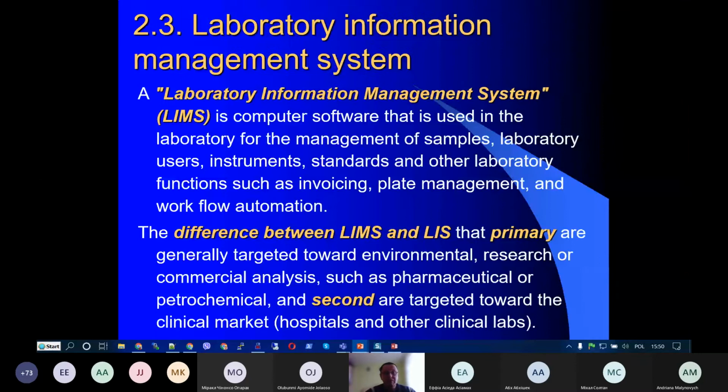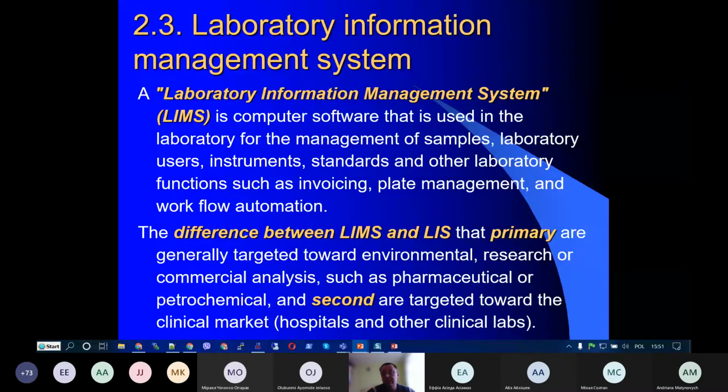Laboratory information management system has to be distinguished from laboratory information system itself. So they are very similar things: computer software used in laboratory for management of samples, laboratory users, instrument standards, and other laboratory functions such as invoicing.